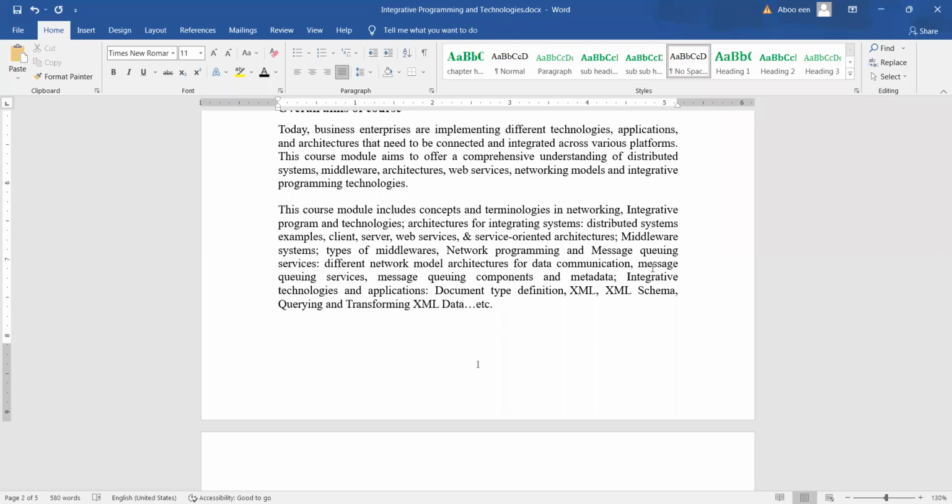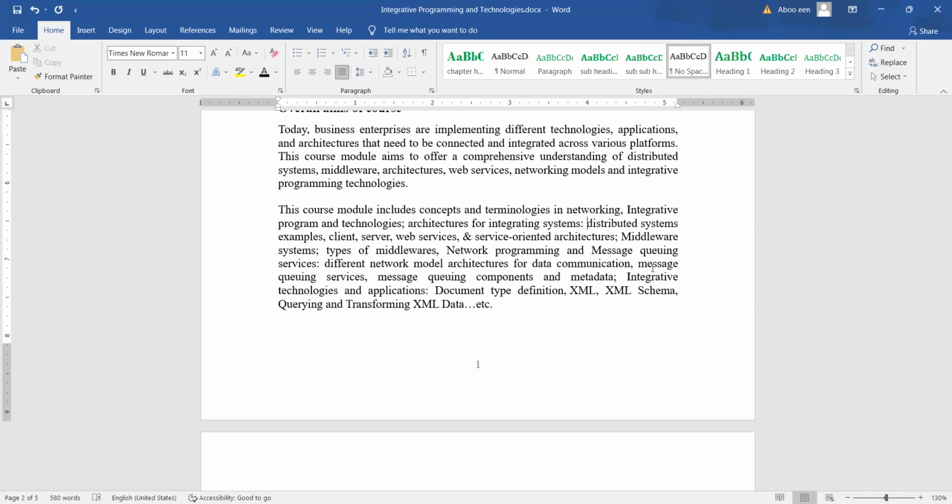We will discuss what is a client, what is a server, and the client-server model, web services, service-oriented architecture, middleware systems, types of middlewares, network programming, message queuing services, different network model architectures for data communications, message queuing components and metadata, integrated technologies and applications, document type definitions, XML schema, querying and transforming XML data.